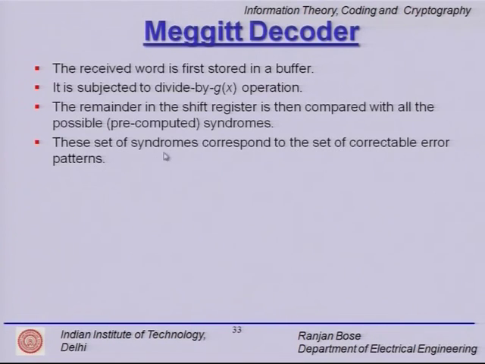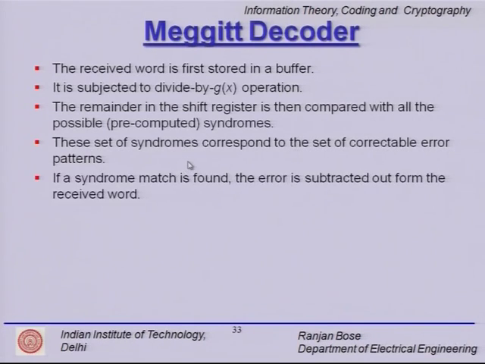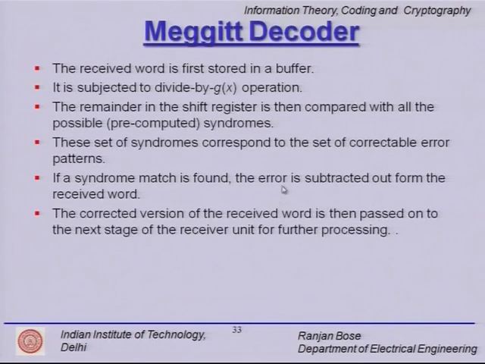Now, once you compare and identify a syndrome, it corresponds to a correctable error pattern. So, we have a lookup table again in hardware. So, once a syndrome match is found, the error is subtracted out from the received word, all in hardware, and then the corrected version of the received word is passed on to the next stage for processing.